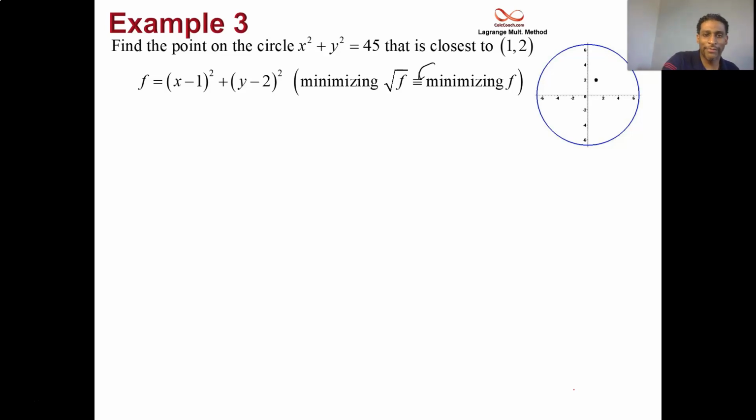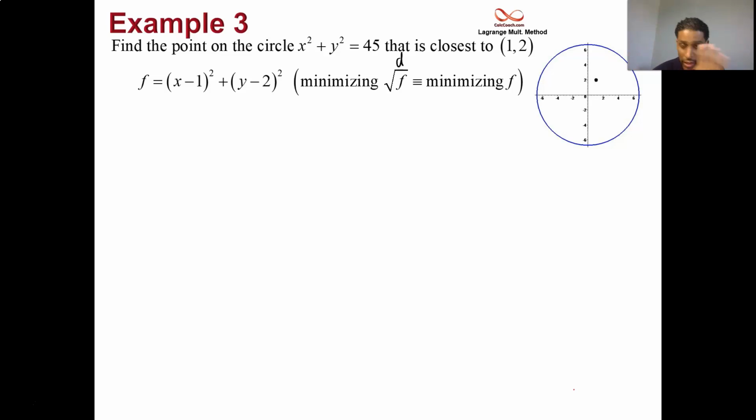But anyway, minimizing this function will be the same thing as minimizing the square root of this function, which happens to be the distance. This is the distance here. All right, great. Because we have x minus 1 quantity squared and y minus 2 quantity squared added up. When you take the square root, you'll have the distance.